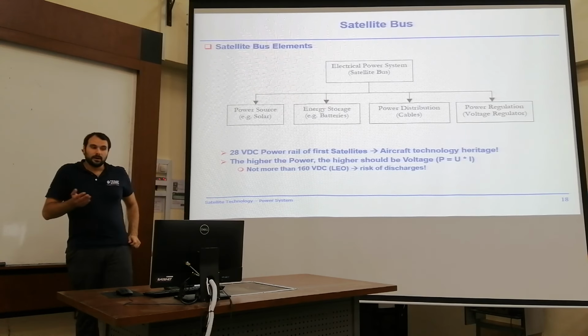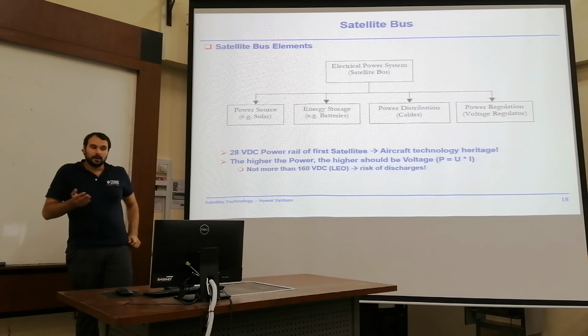Why is that? As you can see, our power is calculated by multiplying the voltage and the current. And the higher the current, the higher are the losses in our power cables. Because we don't want to waste so much energy on board the satellite, I mean, we already wasted so much to generate the power.